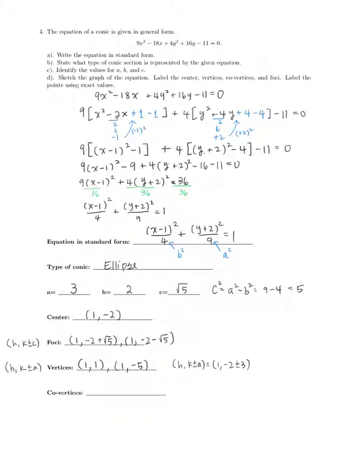Where can I draw this picture? Let me erase this portion so maybe I could squeeze in the graph here. Let me just draw my horrible picture. Let me jot down the center. Center is 1 comma negative 2.